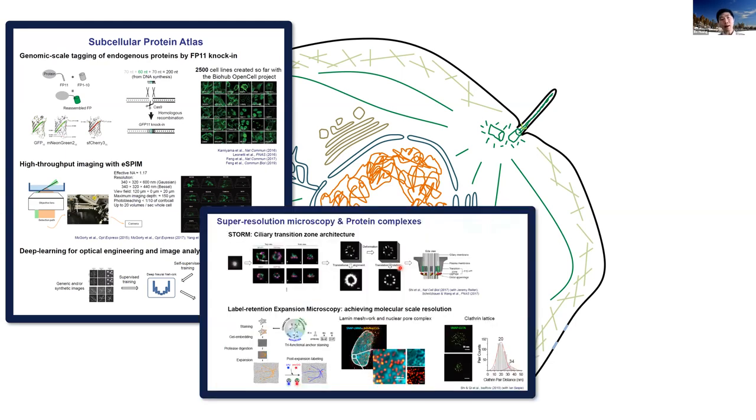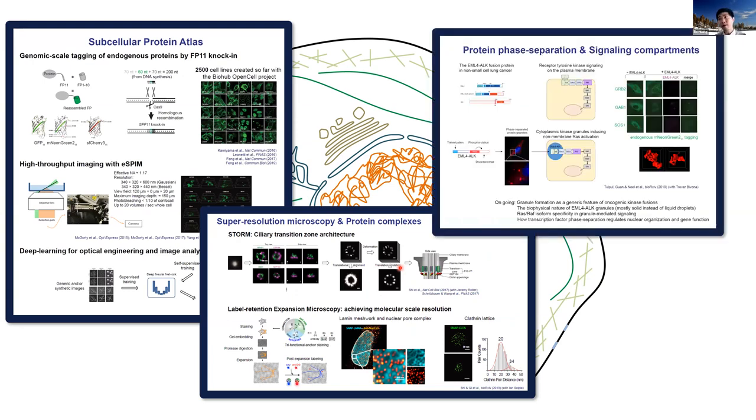We have spent a lot of effort developing super-resolution microscopy techniques, and applying them to understanding how protein complexes are built up in the cell. And very recently we got very interested in understanding how protein phase separation, or biological condensates, set up compartments for cell signaling, in this particular case, activated in cancer cell signaling from oncogenic kinase mutations.